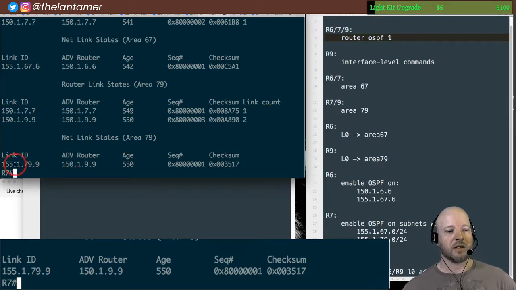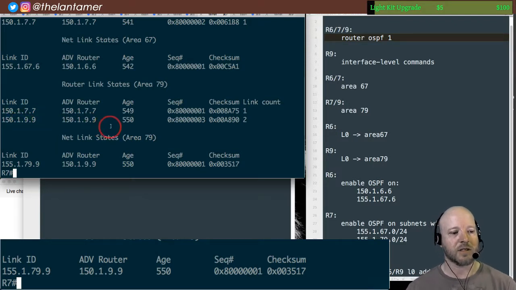Yeah, I do not see a network. I don't see an LSA type 2 for the loopback. I guess I would expect to see that here. Unless somehow it is adding this link ID. Okay. It looks like it is.